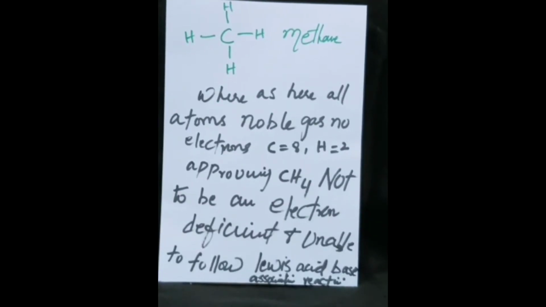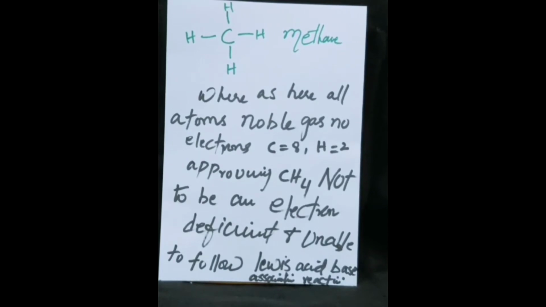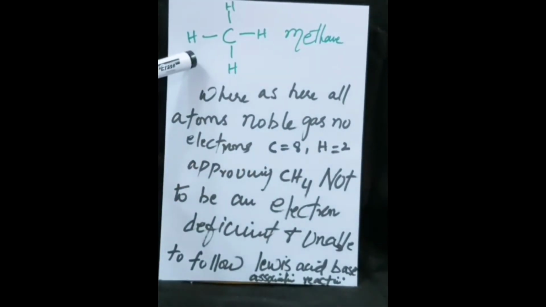Whereas if we talk about the methane molecule, where a carbon is surrounded by 4 hydrogens, all atoms have the noble gas number of electrons, that is, carbon 8 and hydrogens 2.